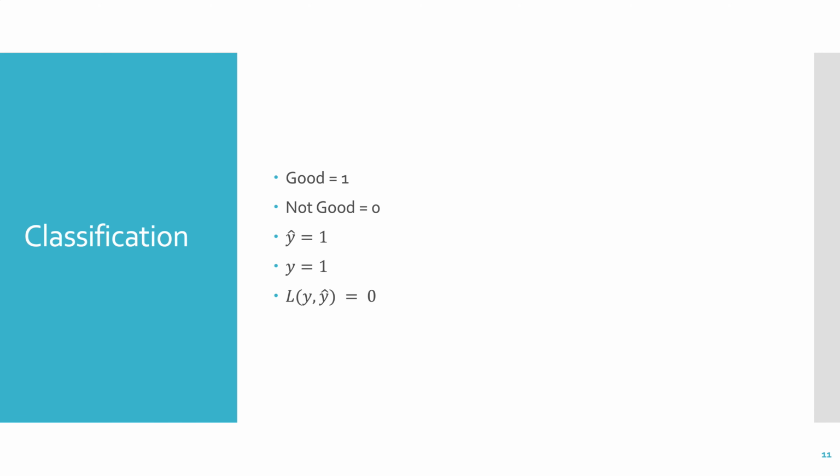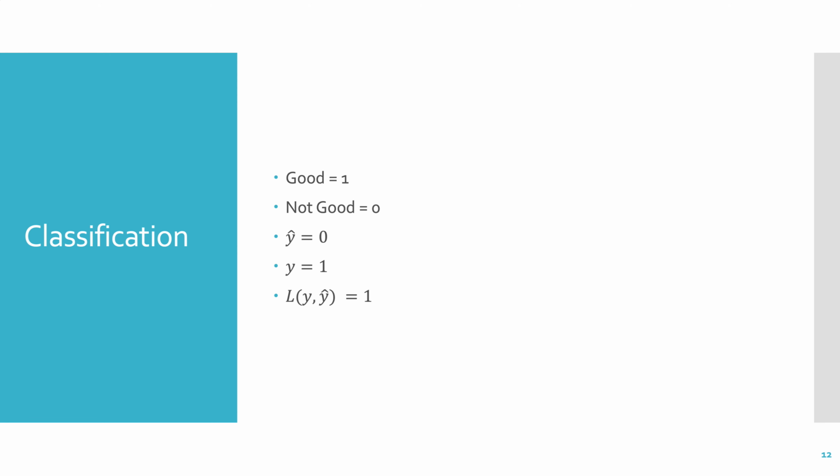If we let good equal 1 and not good equal 0, and we have a sample with y equals 1 and a prediction of y hat equals 1, then our loss would be 0. If, however, our y hat was 0, then our loss would be 1. So basically, this loss simply counts up all the samples we get wrong.